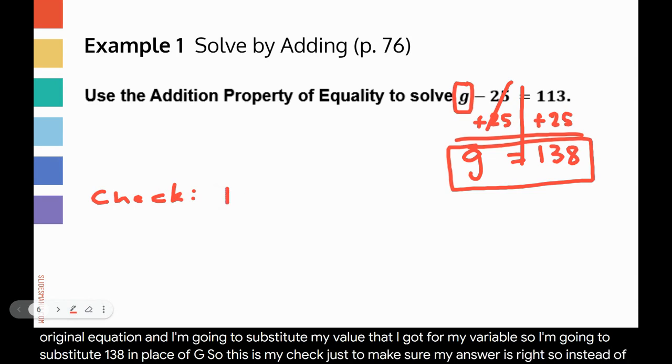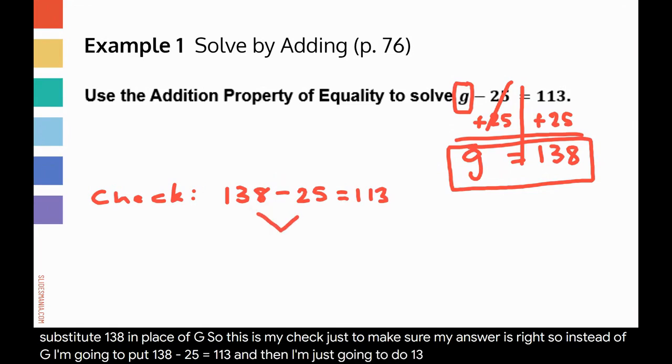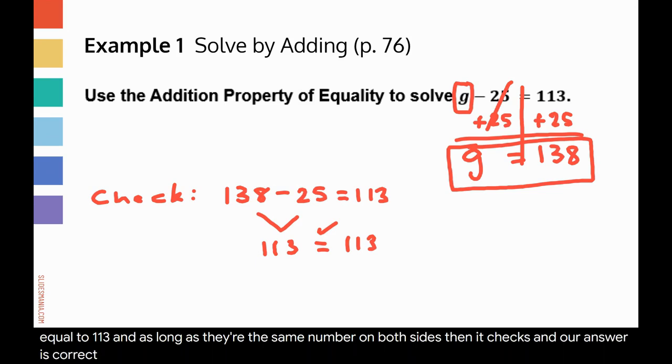So instead of g, I'm going to put 138 minus 25 equals 113. And then I'm just going to do 138 minus 25, and I get 113, and that's equal to 113. And as long as they're the same number on both sides, then it checks, and our answer is correct.